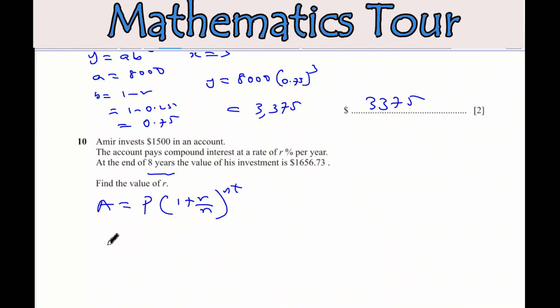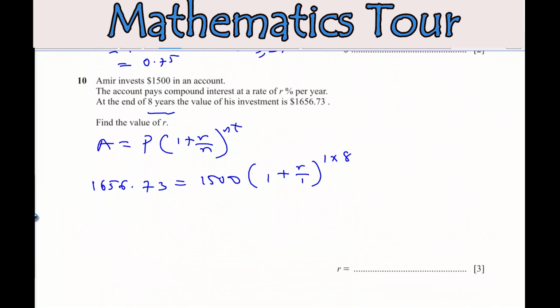So the amount is given as 1656.73, and the principal is 1,500 into 1 plus r. The interest is paid once in a year, so n equals 1. Then you have 1 times 8.